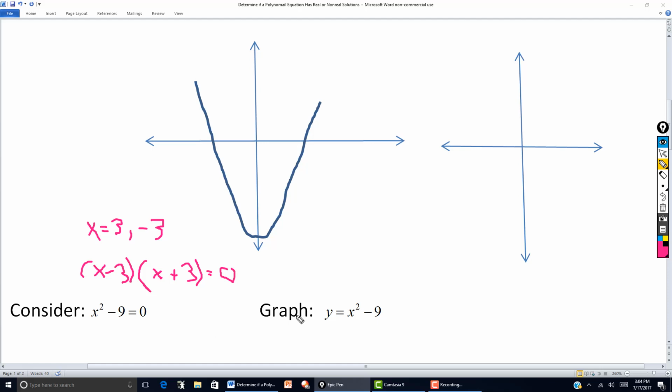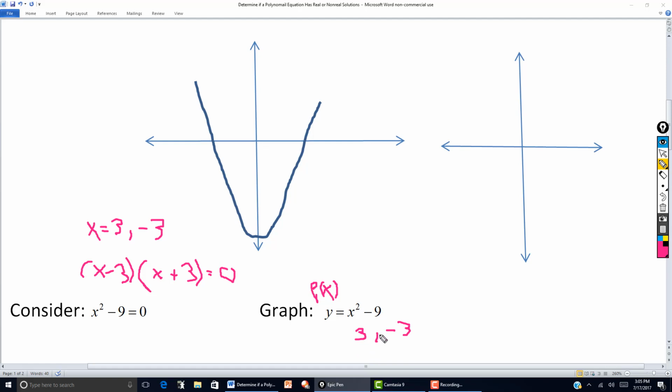Now, polynomial functions. Over here on the right, I have the graph y equals x squared minus 9. This could be f of x, or since I'm dealing with polynomials, I can label it p of x. So if I wanted to know what the zeros of this polynomial are, they would be 3 and negative 3.